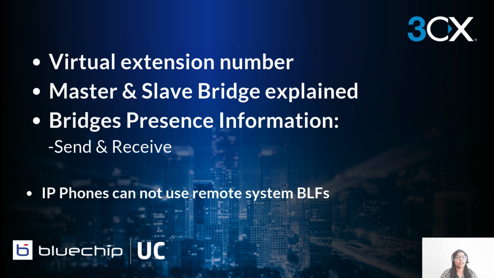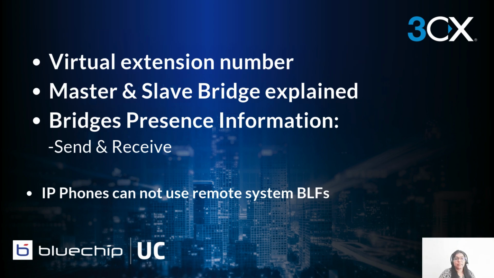Now let's take a quick look at setting up a master and slave bridge. The master bridge has a dedicated task to authenticate the PBX on the other side connecting to it. It listens on the tunnel port 5090 unless you have changed the port during the 3CX installation. Please make sure you add a nice descriptive name, as you will need to use this under the presence screen in the Teams tab, where colleagues or users will be able to see who is active on the other side of the bridge in the remote office.